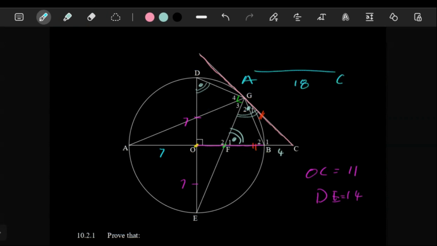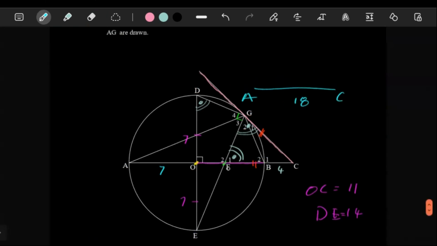The only way it may be useful is if we think of which triangle it is inside, and that's the triangle AGC. We could be thinking of triangle AGC because of the whole line here that has a dimension.